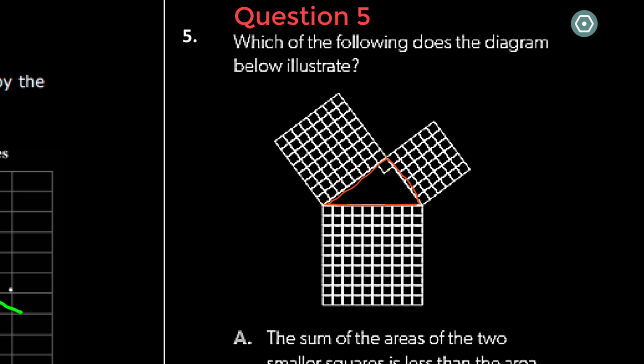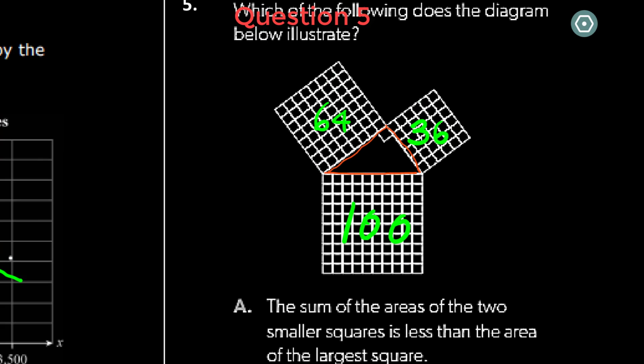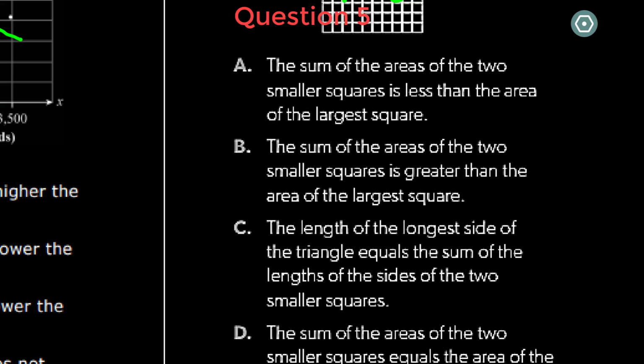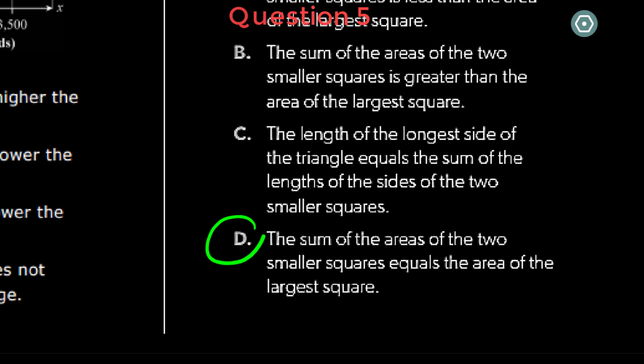On these small squares, the areas are like a 6 by 6 square, so that's going to be 36, and an 8 by 8 square, the area is 64, and I have a 10 by 10 square, which has a side length of the hypotenuse of this triangle, having an area of 100. As you see, 64 plus 36 is 100. So the answer choice that gives us this is going to be D.